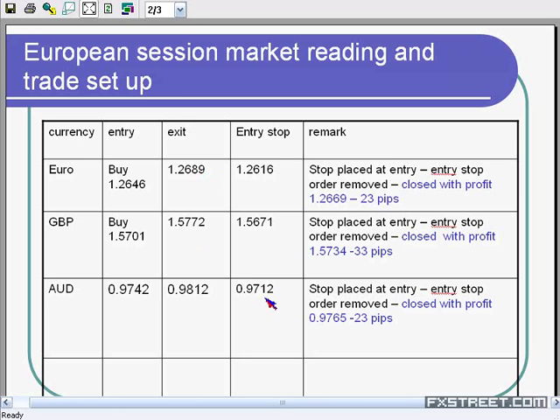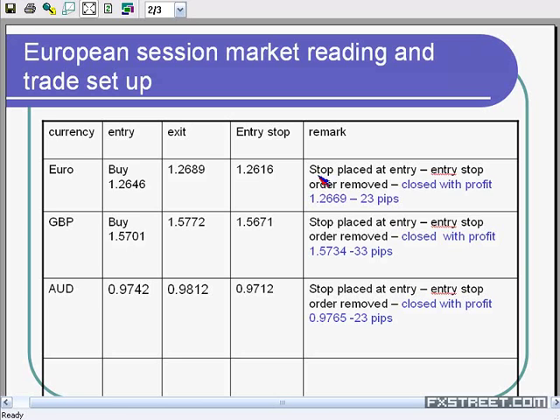My reading at any given time can go wrong because there are so many attributes. I may not be able to follow all the attributes coming from various parts of the world. So I might be looking only at the data release times, etc. But there can be an unscheduled data release, or some news, unexpected natural calamities, and that sort of news can come at any given time.